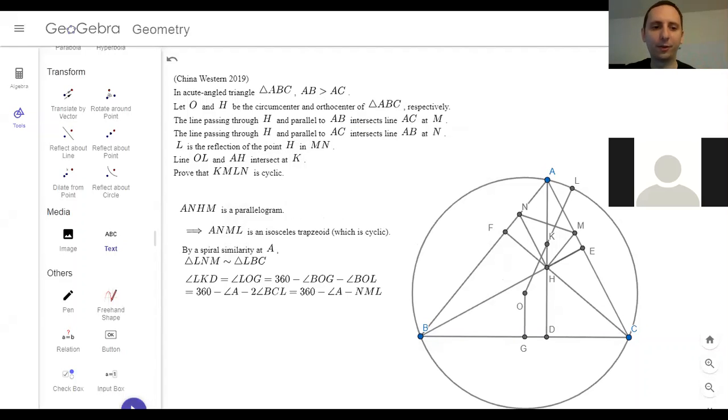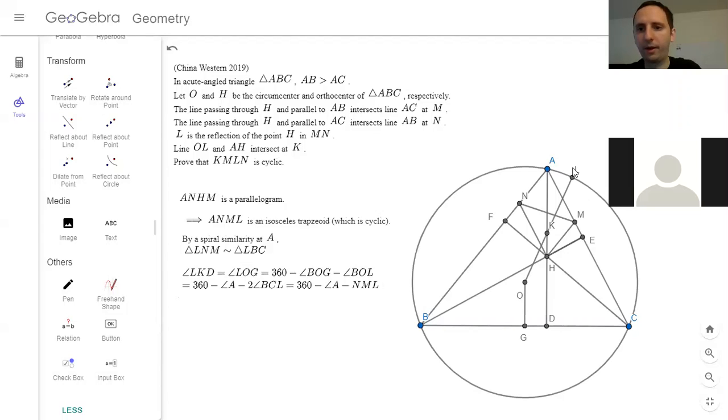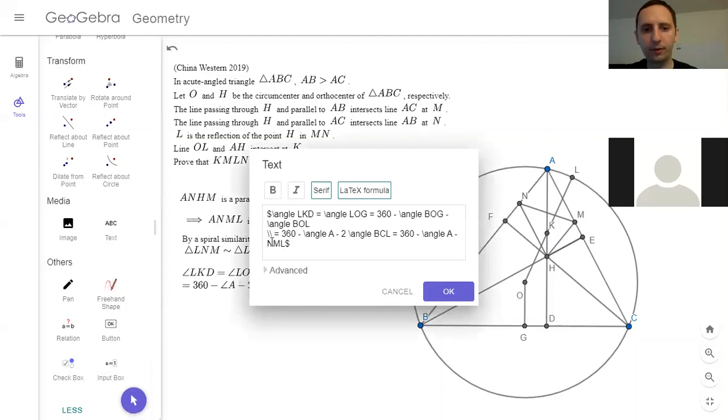Yeah, there will be some config issues. I'm just doing it for one configuration. NML and ANM are the same, obviously. So for LKD, then we have angle LMC. I wrote LMC equals 360 minus HMC minus HML.